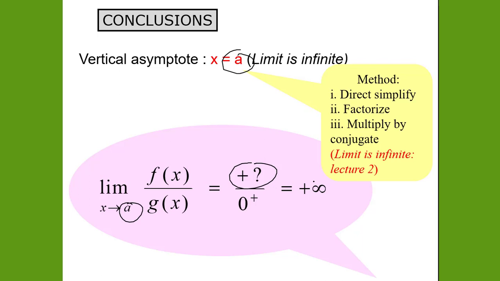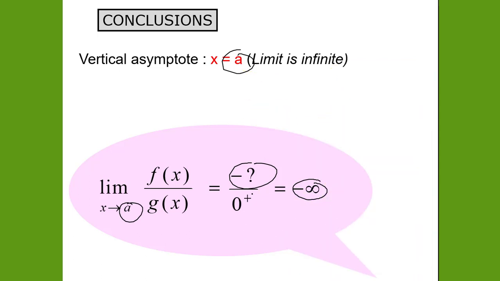If 0 is approached from the positive side, this tends to positive infinity. When negative over negative, it tends to positive infinity. Positive over negative is negative infinity. Negative over positive is negative infinity.